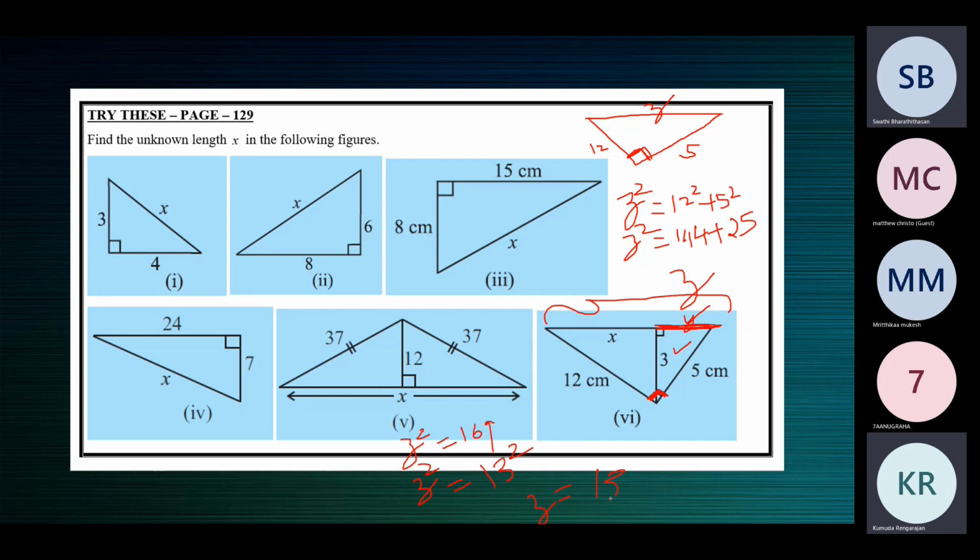The value of Z, ma'am, is 13. Yeah, or 13 centimeters.